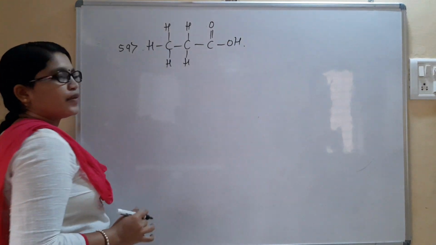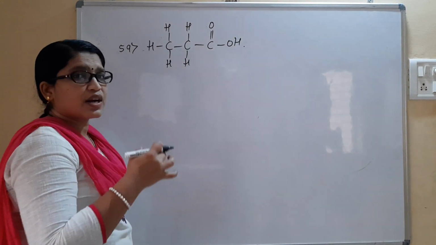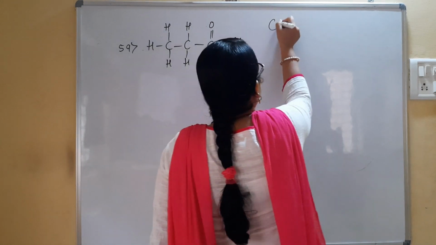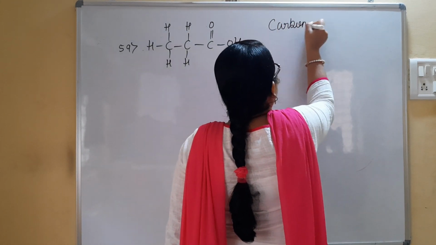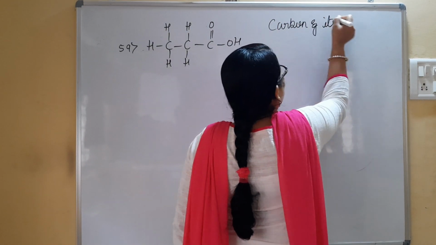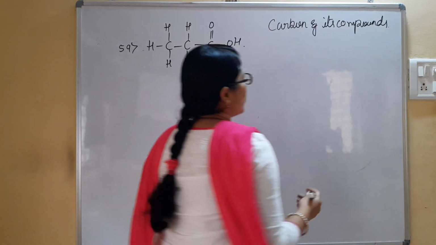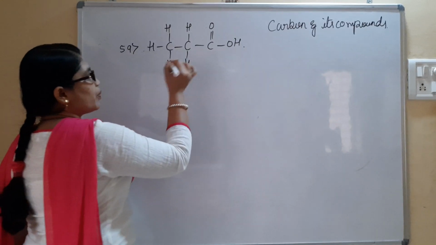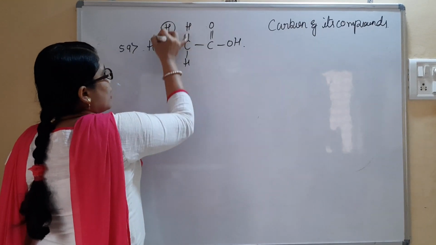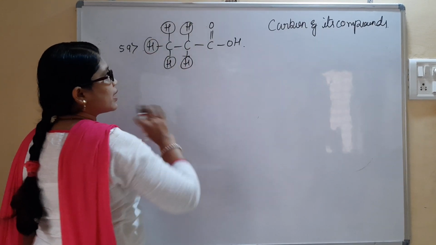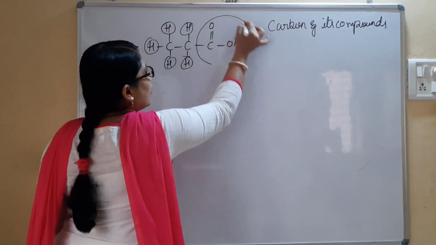So this is the molecule that is being given. They are asking for the functional group. This is a question from carbon and its compounds. Fine. So they are asking for the functional group here. These are all hydrogen atoms; they are nowhere considered functional groups. Only this one is left.